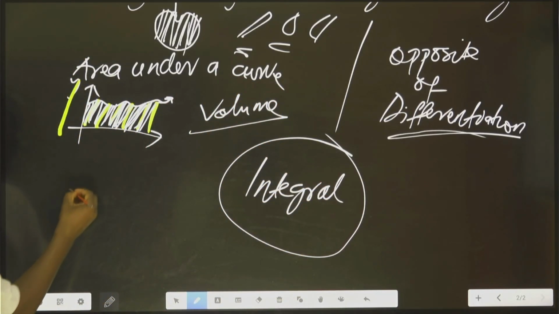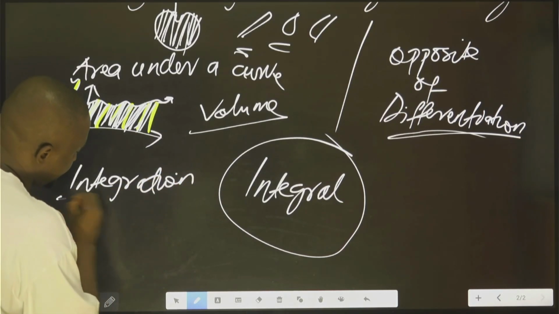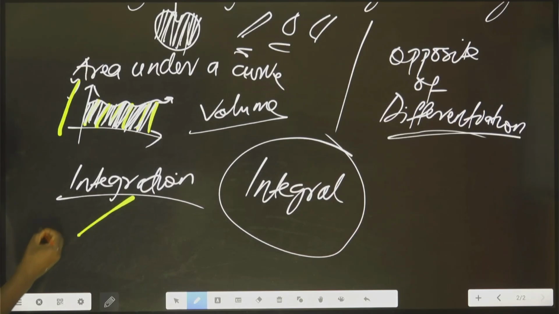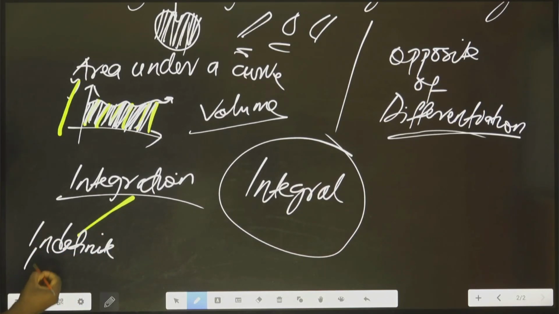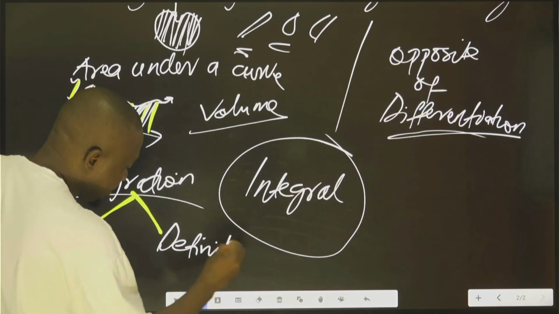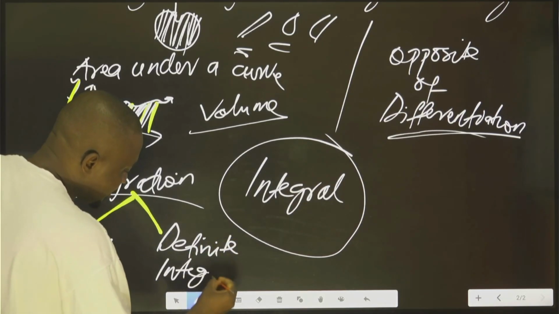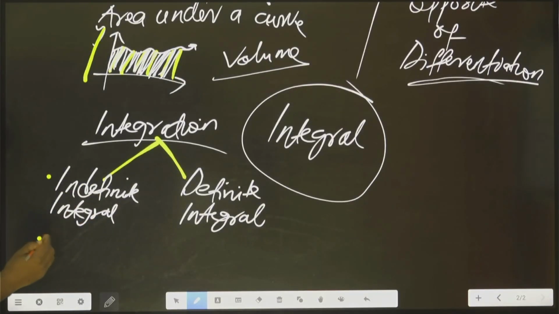Two categories of integration: we have the indefinite integral and the definite integral. As you can see, indefinite means something that has no end. Meaning, this one does not have a specific limit. No specific limit.